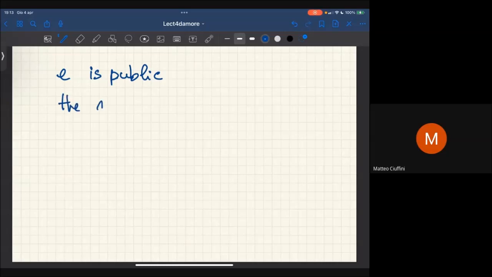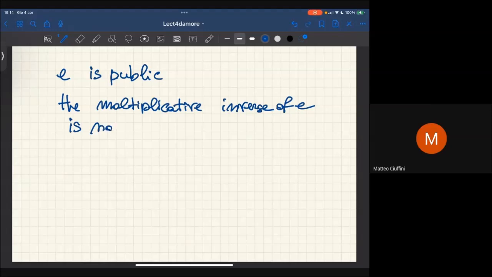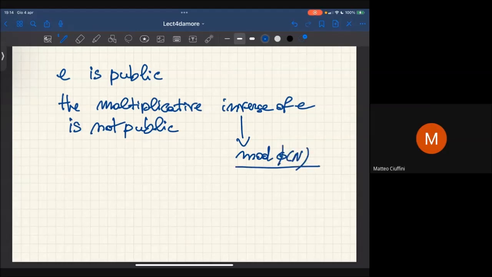The multiplicative inverse of E is not public. And this multiplicative inverse is the inverse mod phi of n. And phi of n is not public. So it is hard to find the multiplicative inverse.